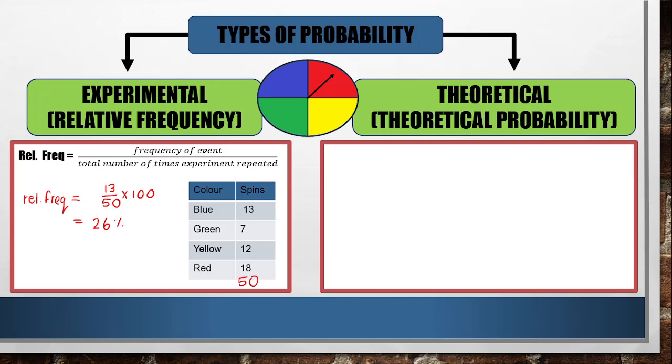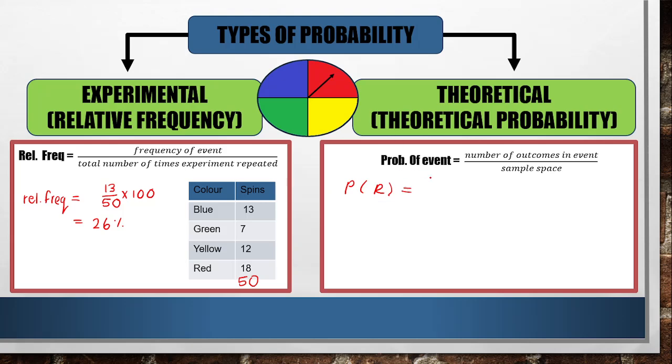Okay, let's look at theoretical. Now, theoretical is when we just think about what is happening and pull out some events that are possible. So, probability of an event is the number of outcomes in the event over the sample space. So let's say we spin this thing and I say to you, what is the probability of us getting a red?